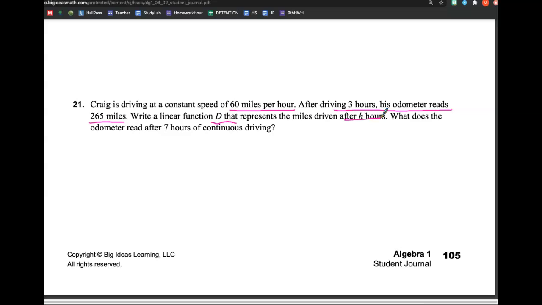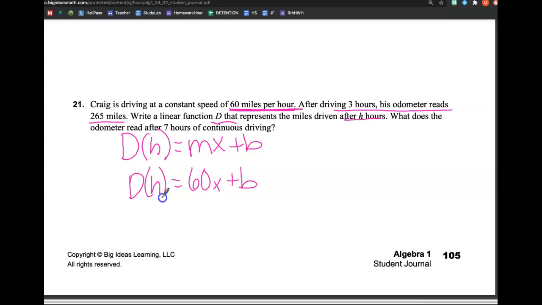Okay, so we're going to write it as a linear function, which means it's going to be in the form d of h equals mx plus b. We are given the rate of change is 60, so that would be our slope, but we don't know how many miles we started driving before we were at 60 miles per hour. Therefore, we're actually going to write it in point-slope form, which is y minus y1 equals m parentheses x minus x1, to find the y-intercept.